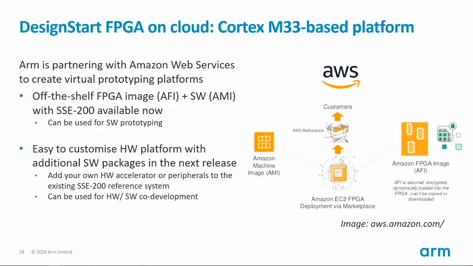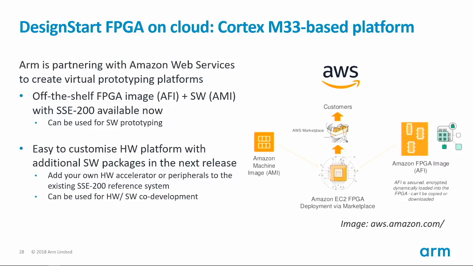You can find the AFIs and AMIs and use them on Amazon Cloud. The AFI is the FPGA image, and the AMI is all the software that needs to go on the Amazon host CPU in order to get started with prototyping on this platform. And this is now available.